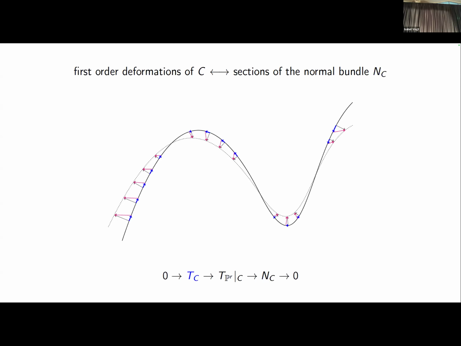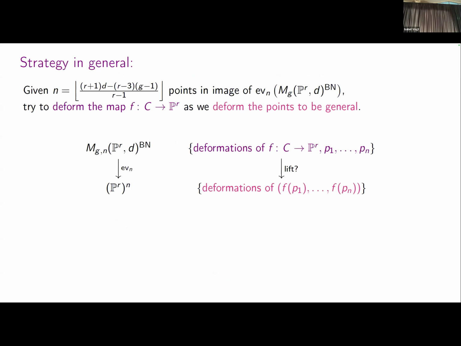So you might imagine that this deformation problem, this infinitesimal lifting criterion I need to check, is phrased in terms of the normal bundle. So here's that lifting problem we're trying to understand. The machinery of deformation theory tells you obstructions to smoothness of this evaluation map, or to this lifting problem, live in the first cohomology of the normal bundle twisted down by these points P1 through Pn.